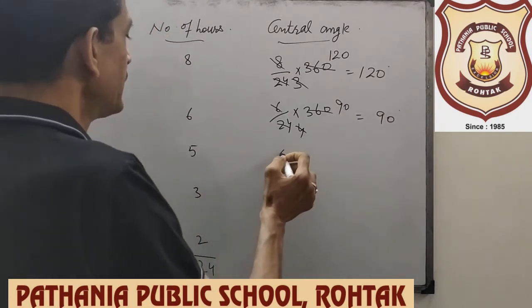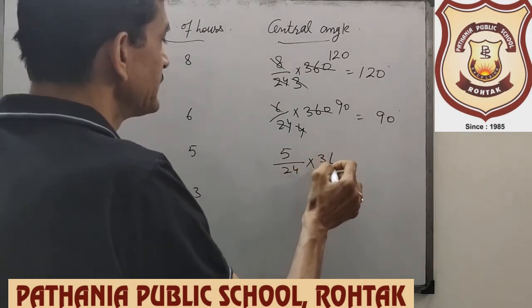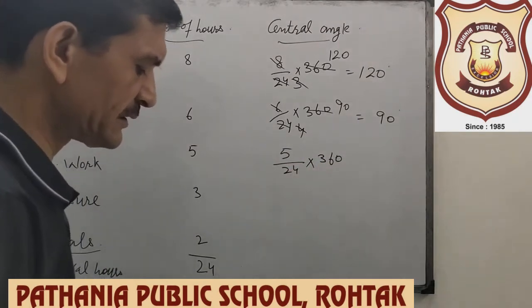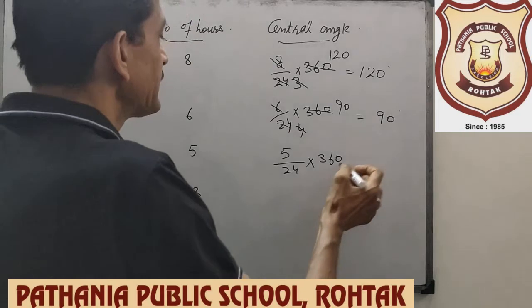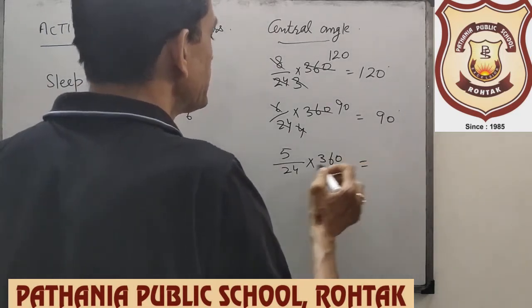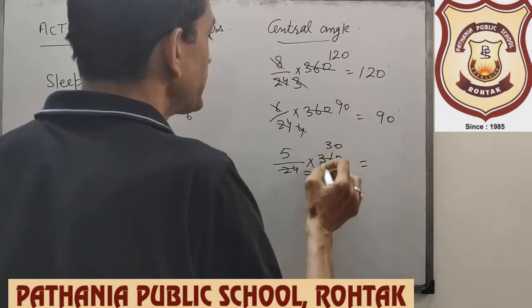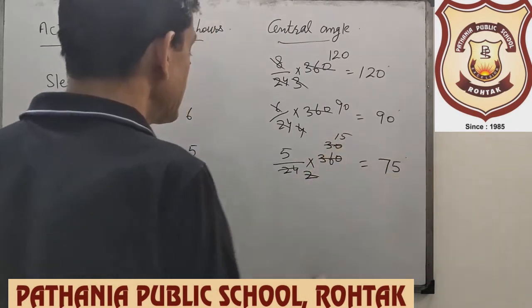Household work, 5 by 24 into 360. After cancellation, it will give you 12 2s are 24, 12 3s are 36, 2 15s are 30, and 15 5s are 75 degrees.